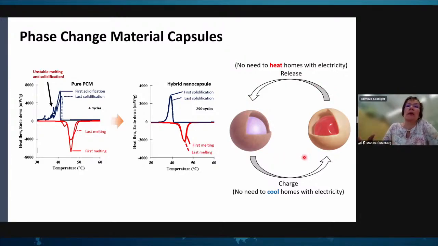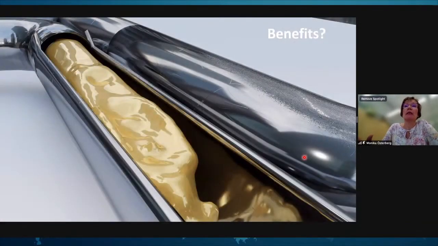What is interesting with these nanocapsules compared to other phase-changing materials is, of course, the possibility to utilize it, that you could pump this, because they are water dispersible nanocapsules. So this could be interesting from this point of view.